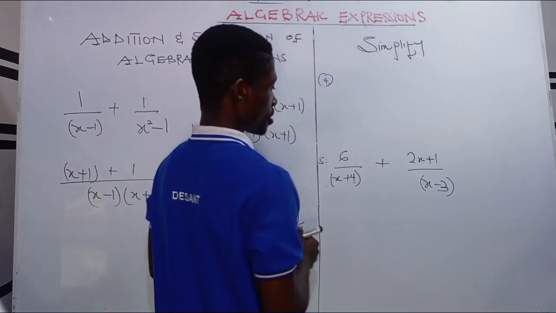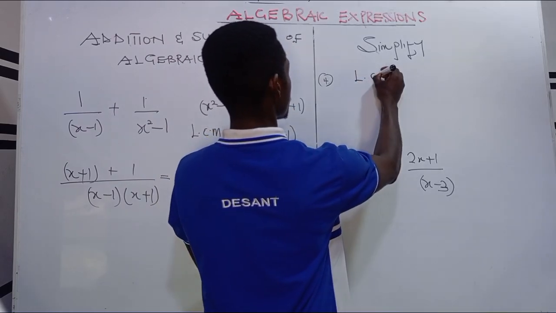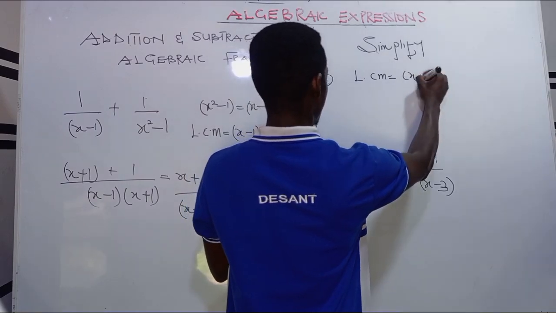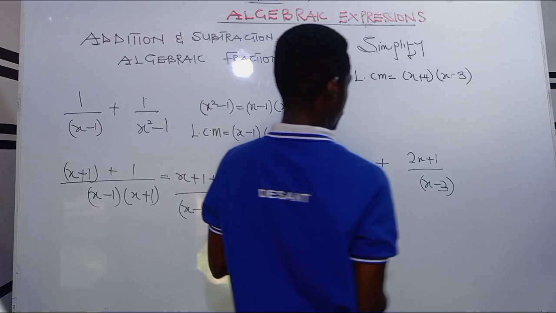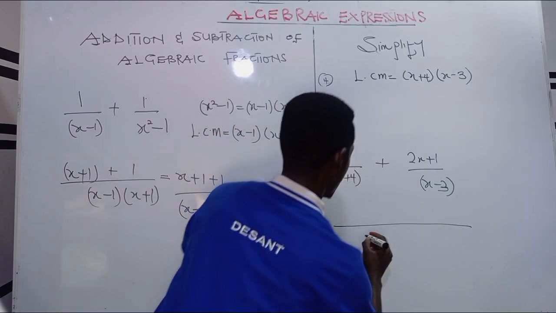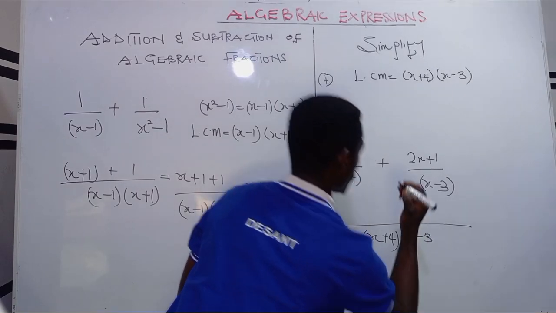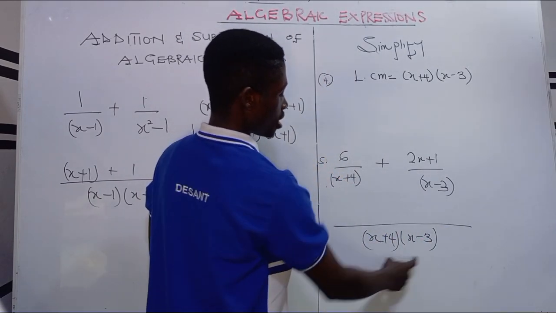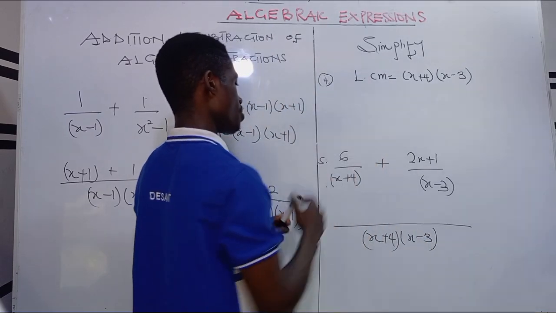So looking at this, we find the LCM. The LCM is going to be x plus 4, x minus 3. So x plus 4 into the LCM will give us x minus 3. And then we use this to multiply the numerator.